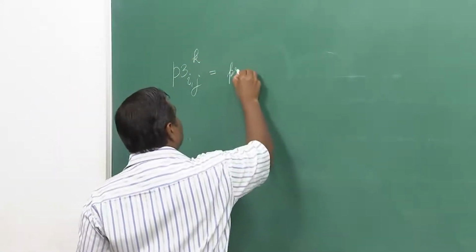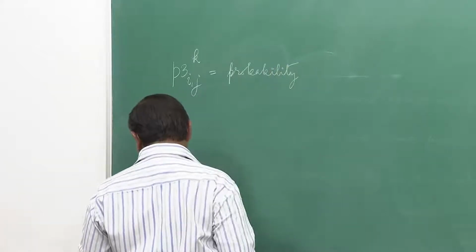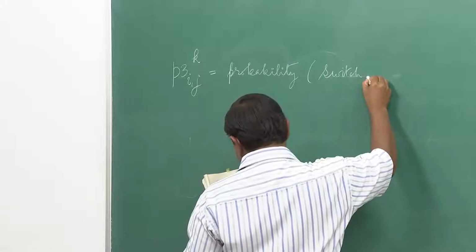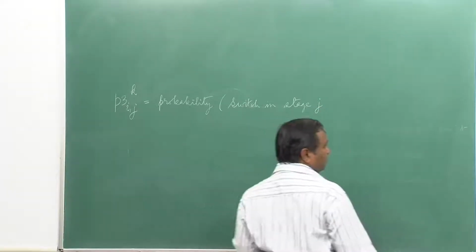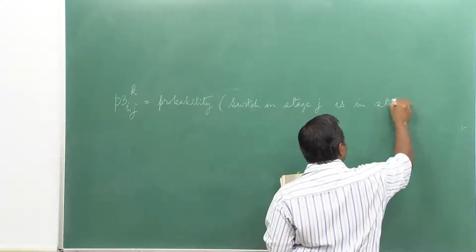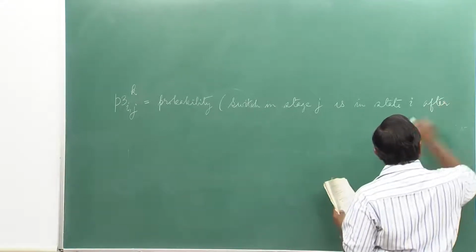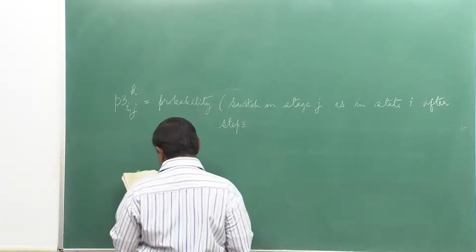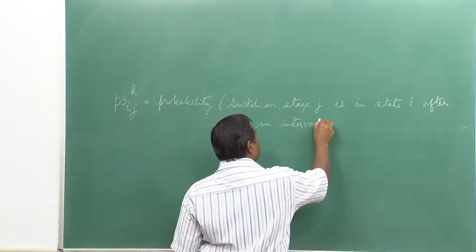This will be the probability of a switch in stage j being in state I after step 3 in interval tau k.